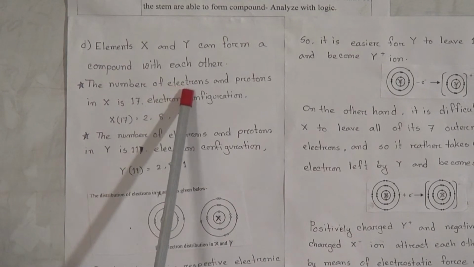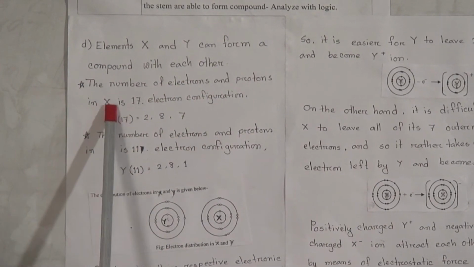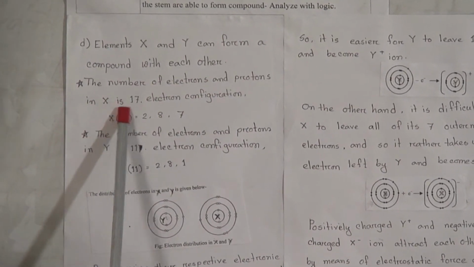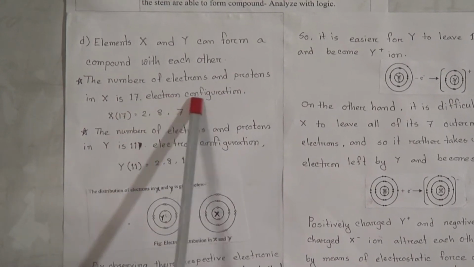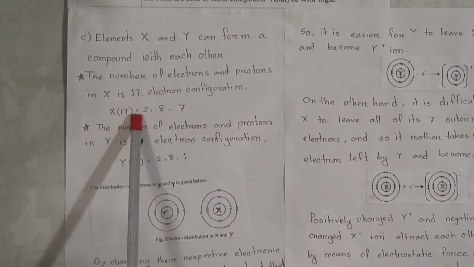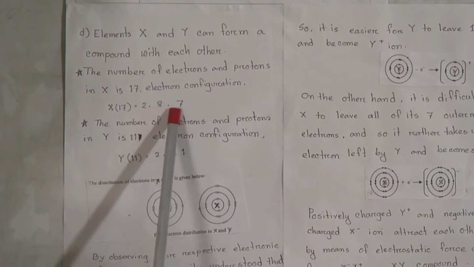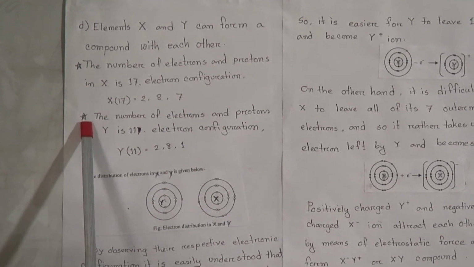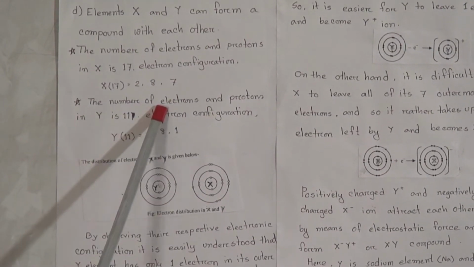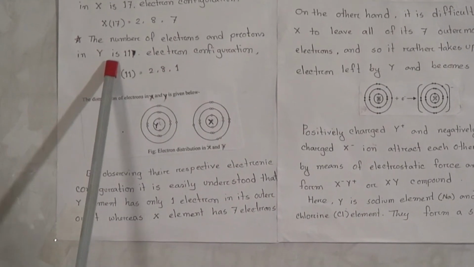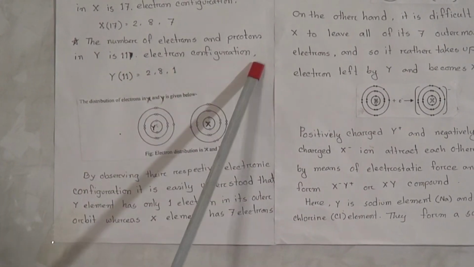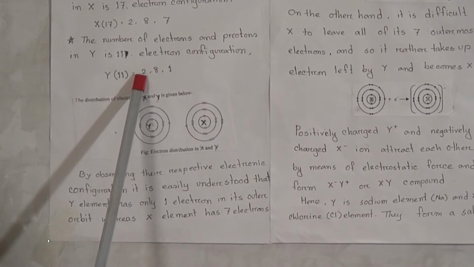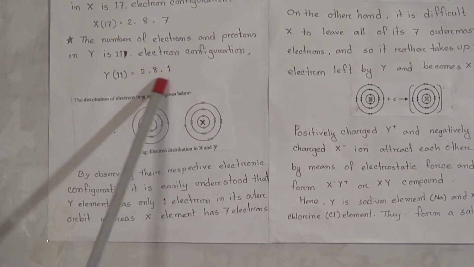The number of electrons and protons in X is 17. Electron configuration of X (17) is 2, 8, 7, and the number of electrons and protons in Y is 11. Electron configuration of Y (11) is 2, 8, 1.